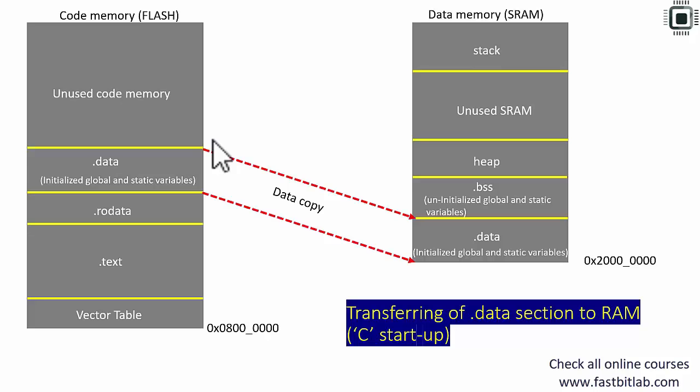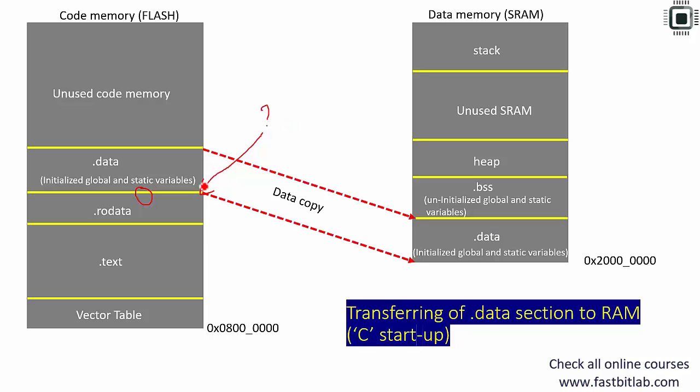Let's refer to this diagram to catch some boundary addresses. First of all, in this diagram, this is the place where the text section ends. This is the beginning of the data section in the ROM. We should know this address.